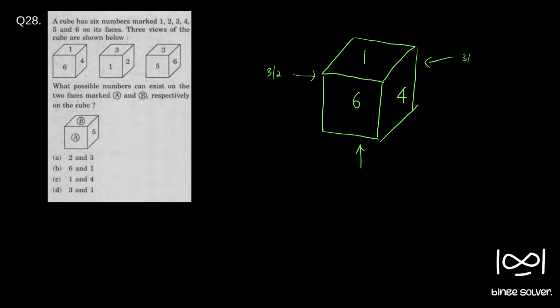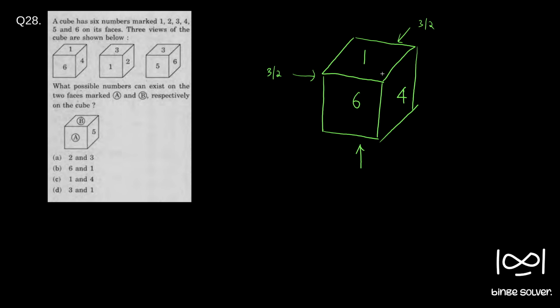That arrow might be confusing, so let's put the arrow here. This side could be 3 or 2, or this side could be 3 or 2. Since the bottom side is opposite to 1, it cannot be 3 or 2. So the adjacent sides are 3 or 2. From the figure we know that 3 has 6 as an adjacent side.